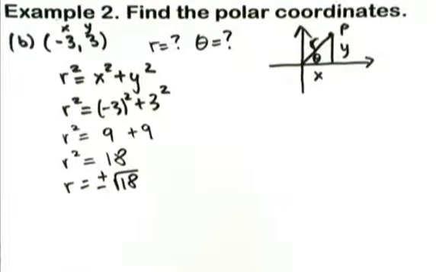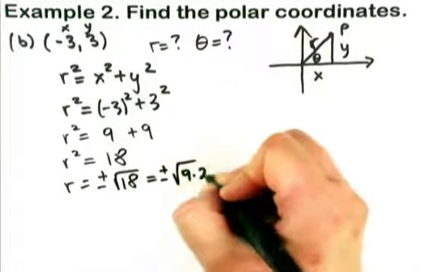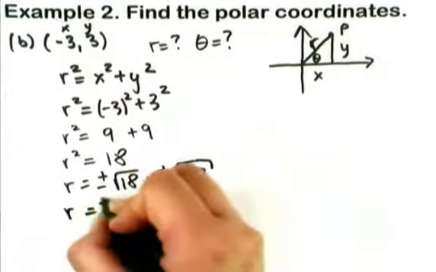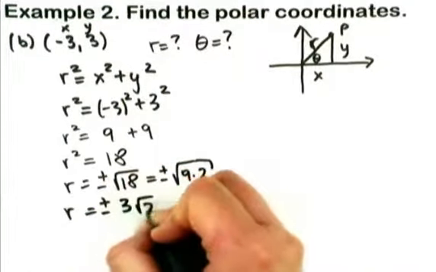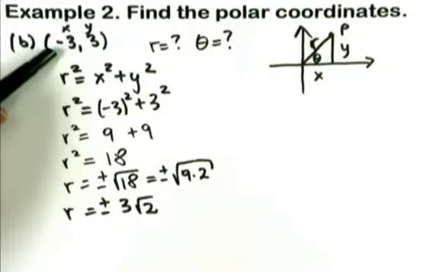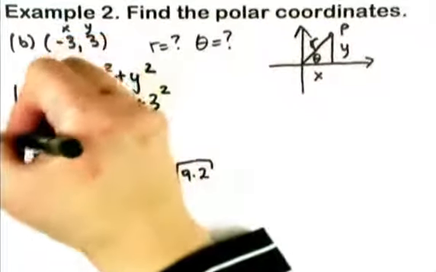Or we can write that this is plus or minus root of 9 times 2. We can separate this root. So r is plus or minus 3 root 2. And to choose which one it is, whether it's plus or negative, we need to see the representation. So we're going to draw the point. Maybe we can draw it right here.